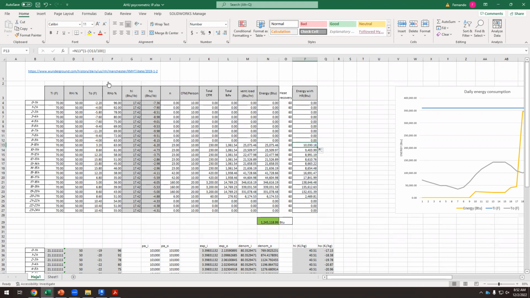Okay, so this formula is that cell times 1 minus this number, the efficiency, divided by 100. So this is the energy consumption. This is 25,000 and this is 10,000. Makes sense. So this should be 40% of this value. The heat recovery is 60. What I consume is 40% of this value. Okay, so this is energy with heat recovery.